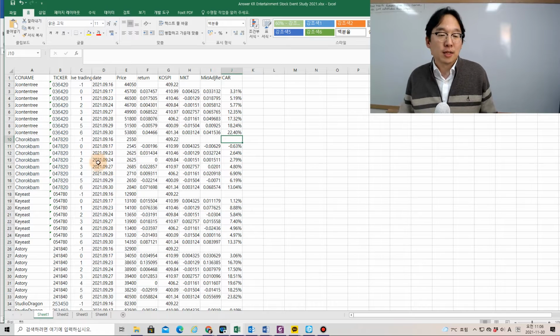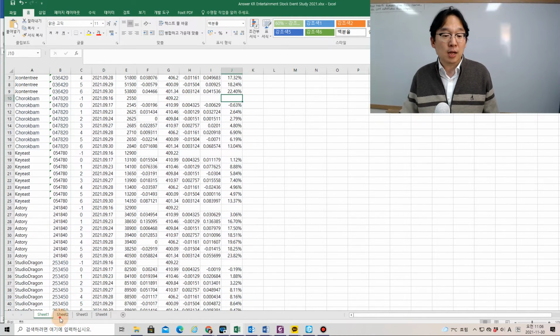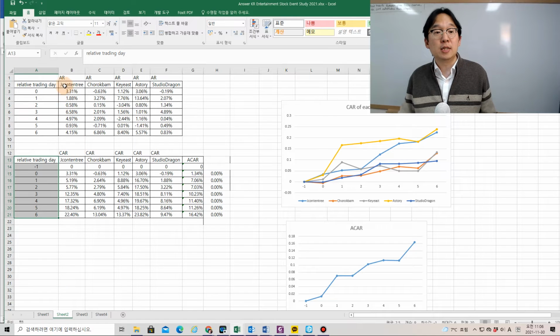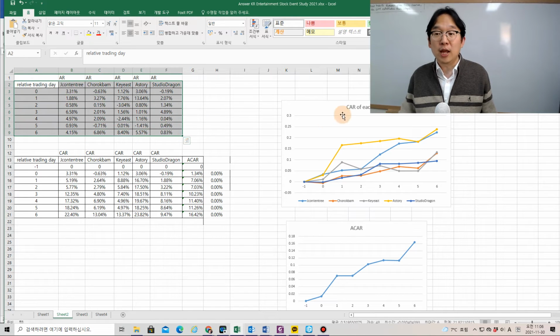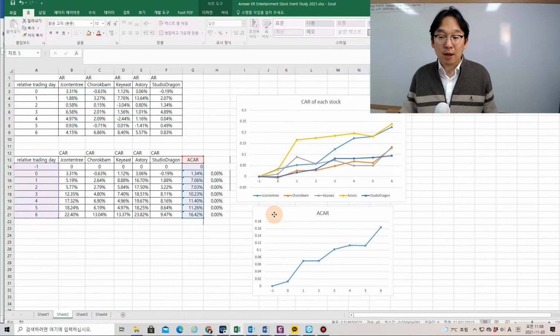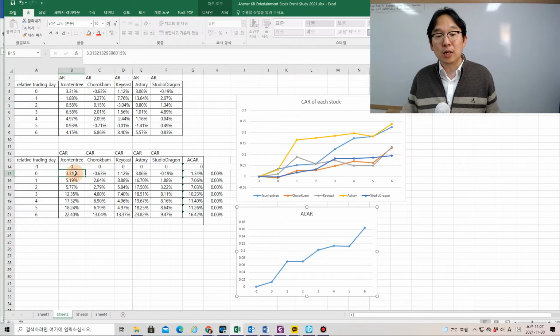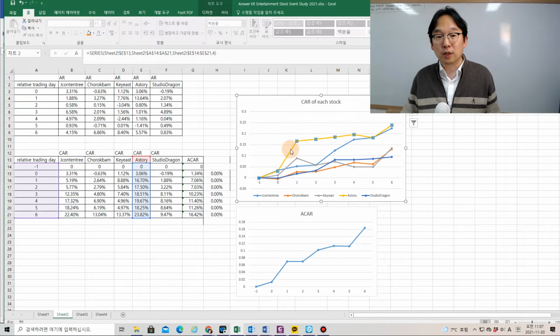And then company after company, you do the same. And then the next is you do the AR graphing for different stocks, and then the average of these cumulative abnormal returns. Yes, cumulative abnormal return for every company, you do it here.